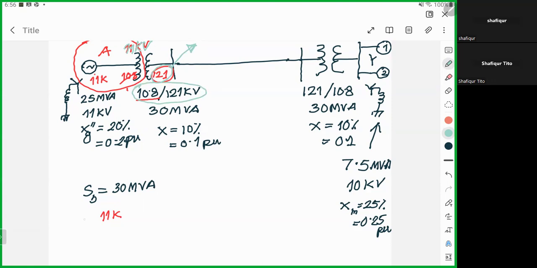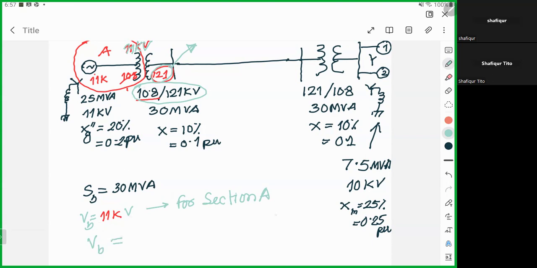So the VB for section A will be 11 kV. But if we consider this feeder line, we need to do the calculation by taking the turn ratio.